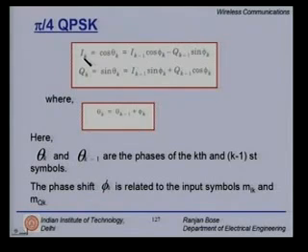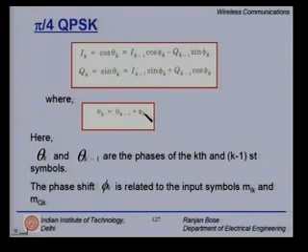So I_k is I_{k-1} cos phi_k minus Q_{k-1} sin phi_k. That is how you do the signal mapping. And Q_k is given by I_{k-1} sin phi_k plus Q_{k-1} cos phi_k, where theta_k is equal to theta_{k-1} plus phi_k.